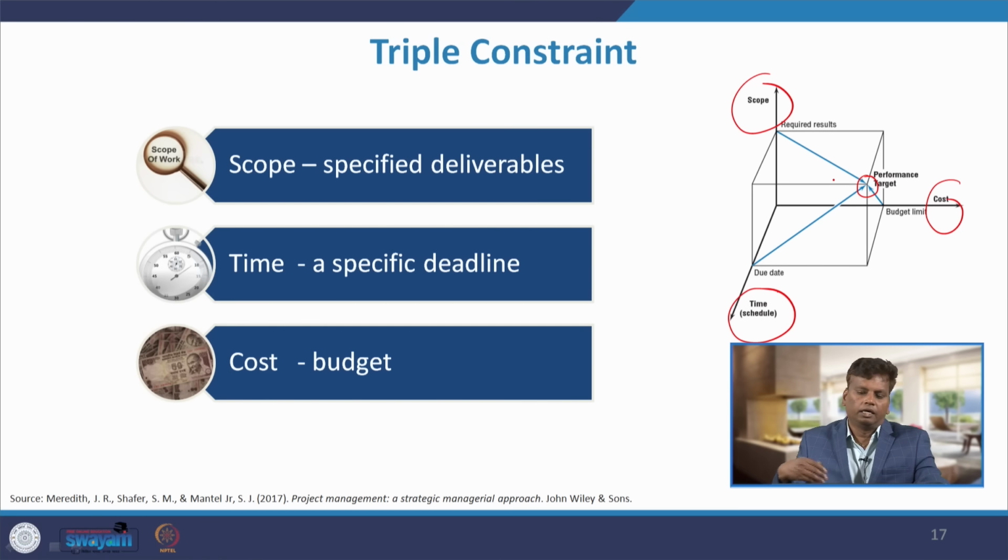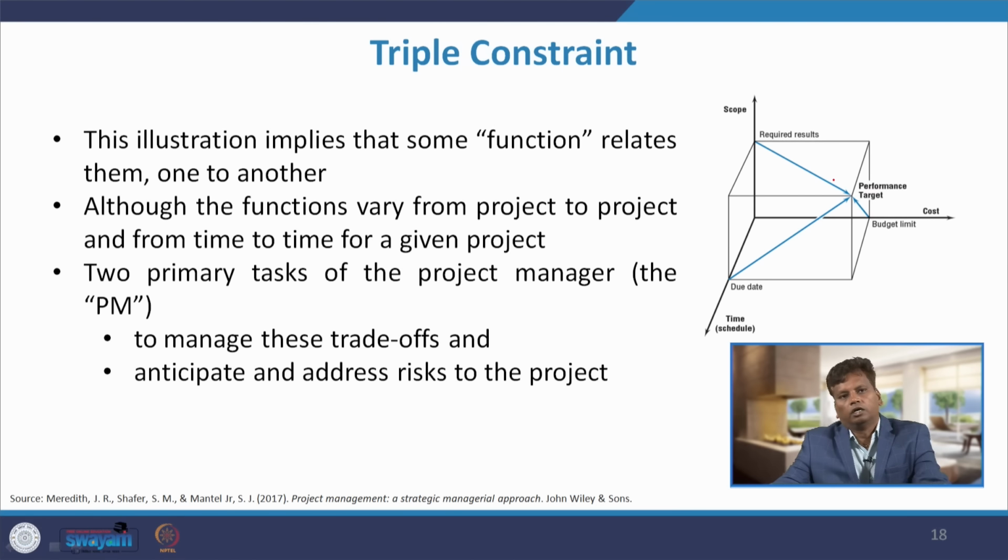So, a successful project manager needs to have a trade off among these three project constraints, that is called the triple constraint. This illustration implies that some functions relate them to one another. So, all these three triple constraints are linked by some functions, although these functions vary from project to project and from time to time for a given project.